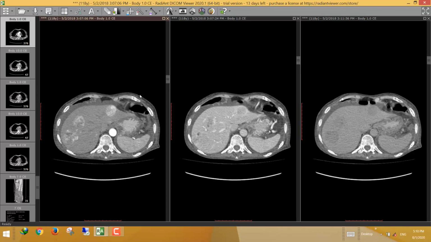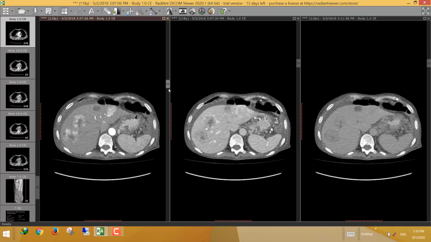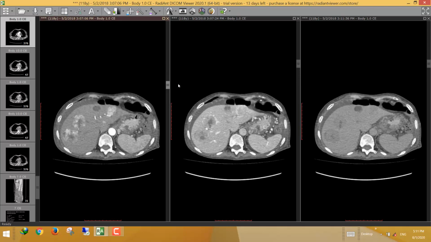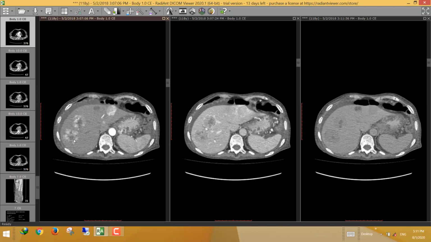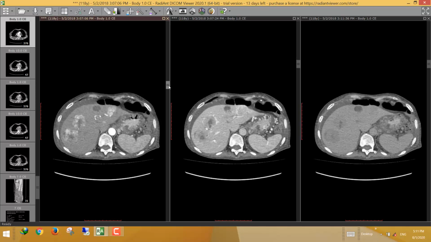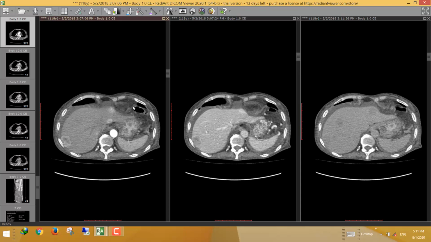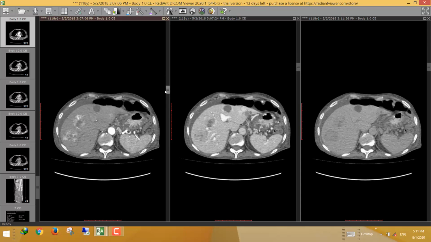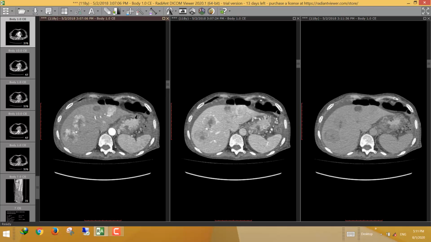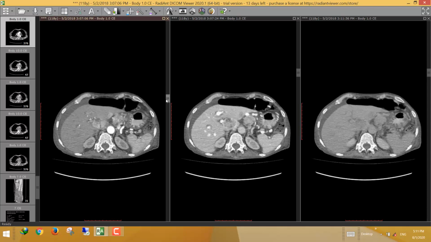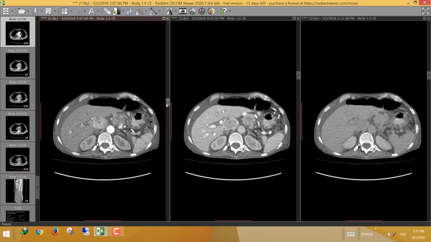We can see here there are multiple variable sized, well-defined lesions. These lesions are seen taking an intense, rather uniform enhancement in the arterial phase, except for central areas, usually representing central breaking down within the lesions, but most of the lesions are taking enhancement at the arterial phase.